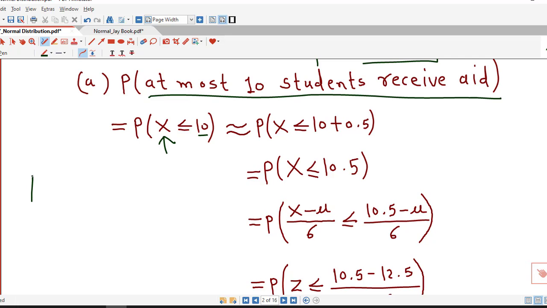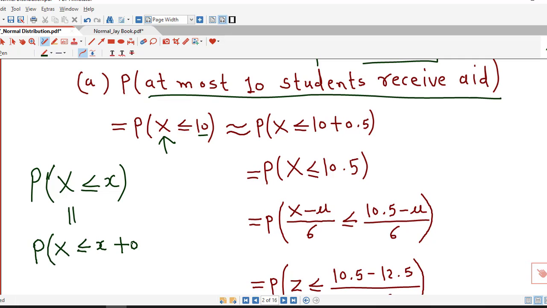As we discussed, we have to apply continuity correction. For this type of discrete probability, we add 0.5 to the X value, which is 10 here. So this is equal to the probability that capital X is less than or equal to 10.5.